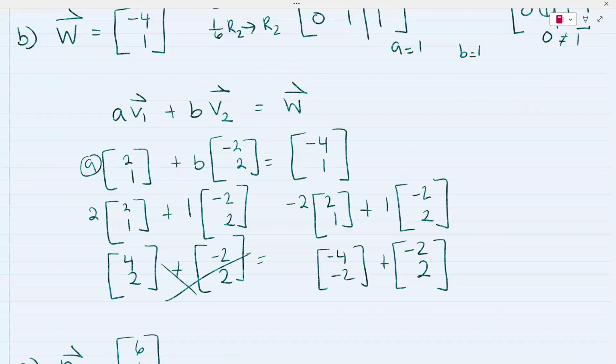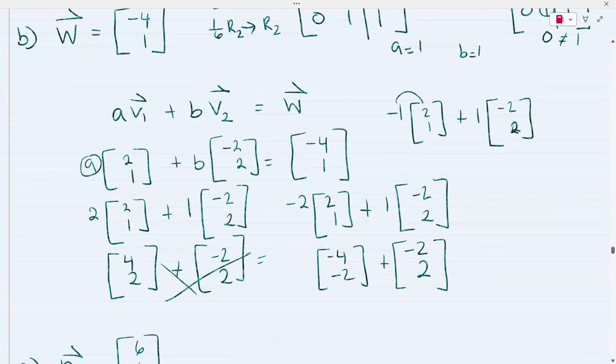How about if a was -1? So if a was -1, that would be -1 times 2 comma 1, and then maybe b would be +1. -1 times 2 is -2. -1 times 1 is -1. 1 times -2 is -2. 1 times +2 is 2.